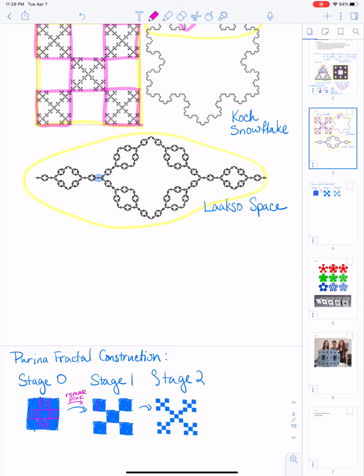Then to go from stage 1 to stage 2, you would take each of these new smaller squares that remain, and you would remove all of the pink to get to stage 2. Now I'm going to undo this because I don't want the pink to get confused with what is part of the fractal or not. But I just want you to see that there are 2 ways of thinking about this construction.